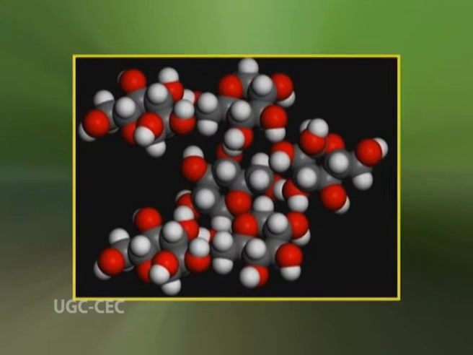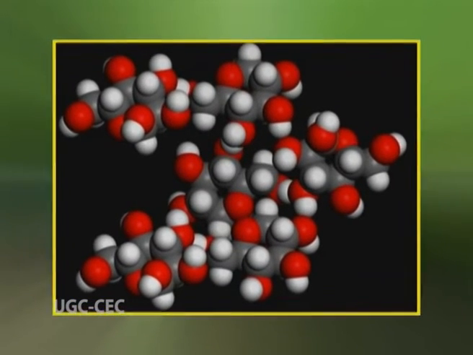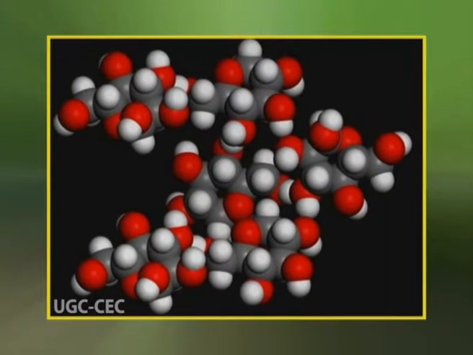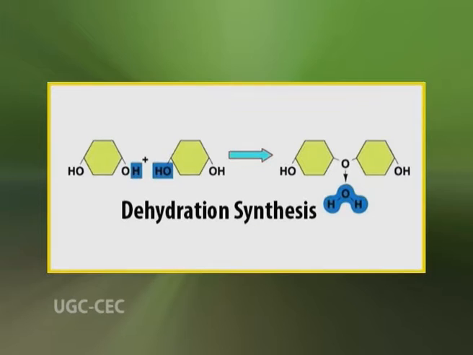Friends, let me first give you a brief introduction about the term macromolecule. A macromolecule is a very large molecule made up of smaller units called monomers. The monomers may be the same or slightly different. Macromolecules are formed by dehydration reactions in which water molecules are removed from the formation of bonds.